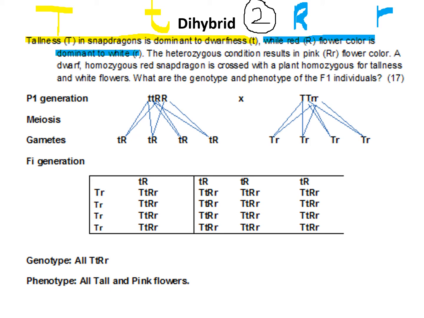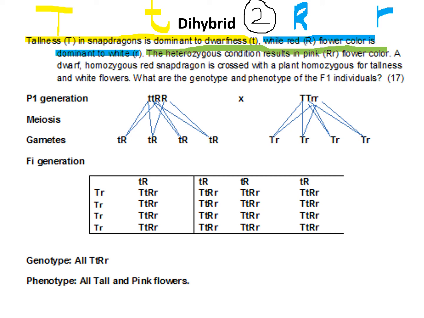Furthermore, and interestingly, the heterozygous condition of flower color results in a pink flower color. So normally, when we think about 2 alleles together, we assume that only the dominant will be expressed.